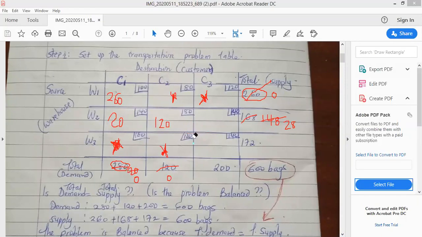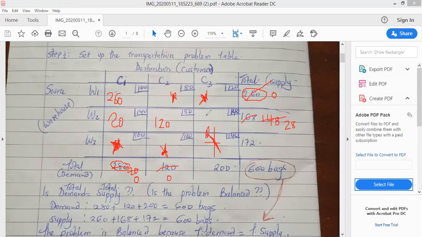But how do we assign the units to that particular destination? We are going to do the following. Again, we draw our compass, and remember, I'm concentrating on where the rotation hasn't been done yet. If I draw my compass, the northwest corner will be in this direction.